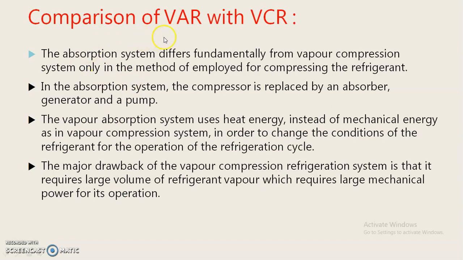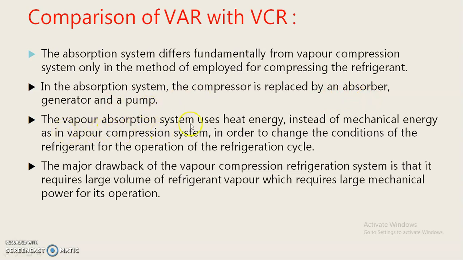Comparing the vapor absorption system with the vapor compression system, the absorption system differs fundamentally from the vapor compression system only in the method employed for compressing the refrigerant. In the absorption system, in place of the compressor, there is an absorber, generator and pump.